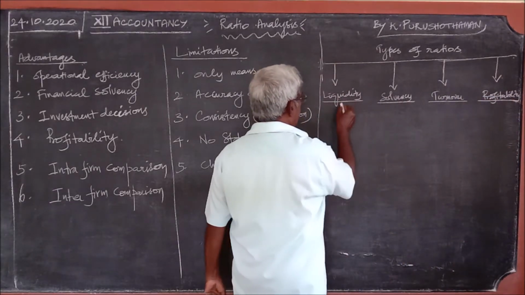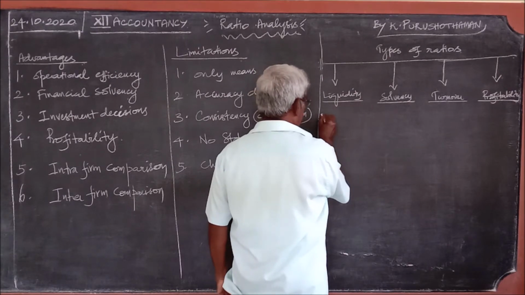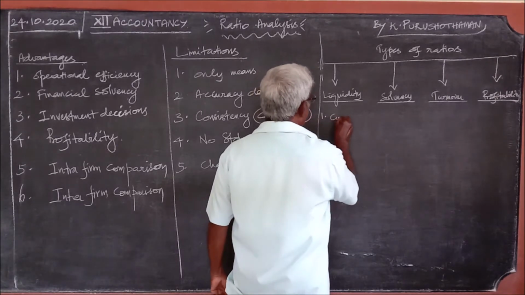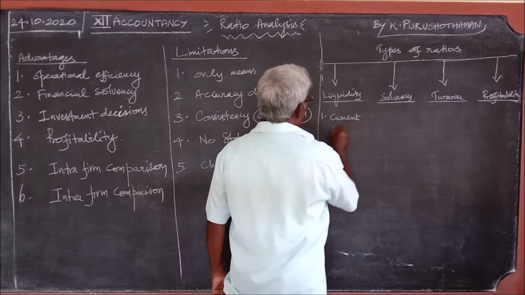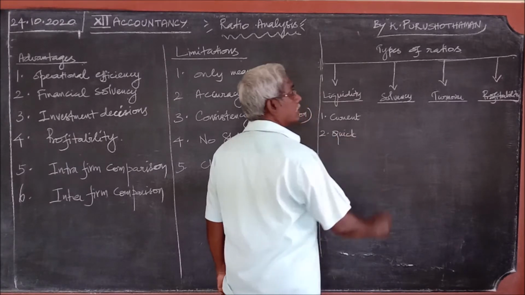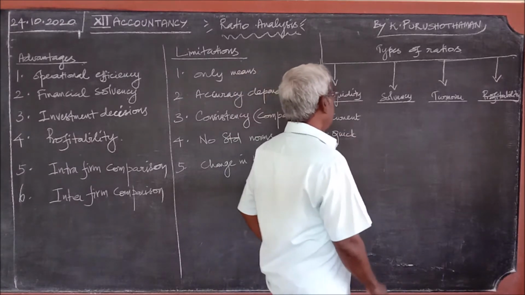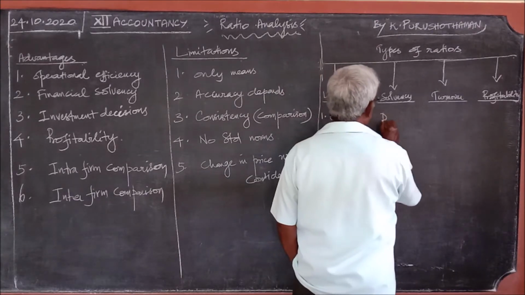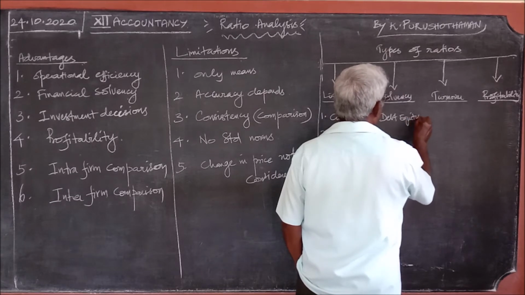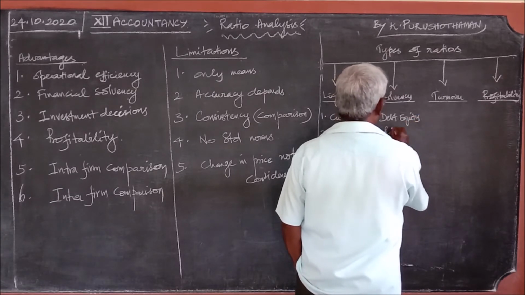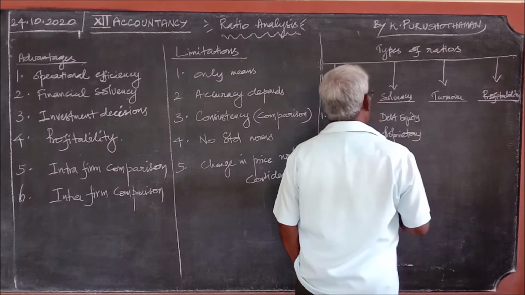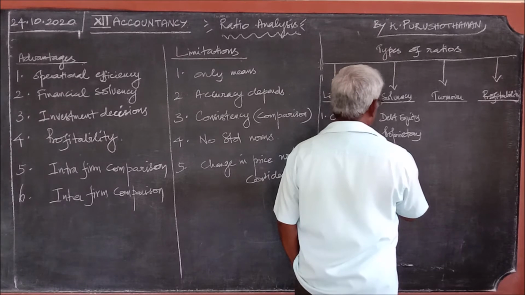Under liquidity ratios, there are two types. One, current ratio. Two, quick ratio. And under solvency, debt equity, proprietary, and the third type is capital gearing ratio.